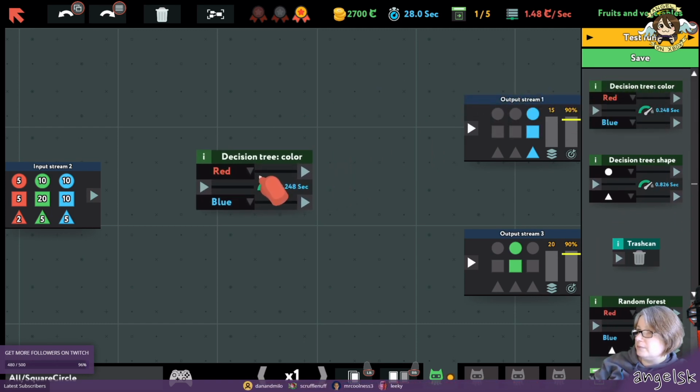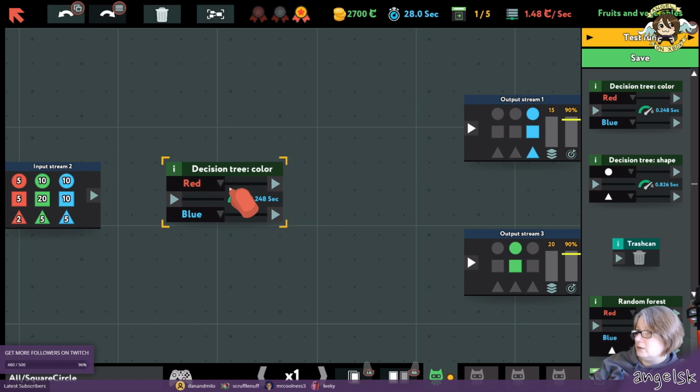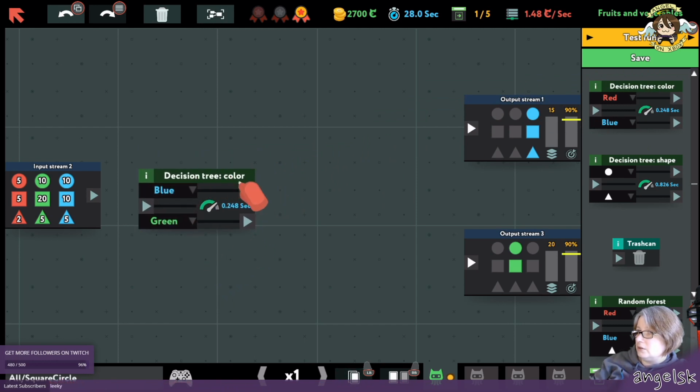So if we split, how can we have 5? Okay, so any blue, any green. We want a decent accuracy. Okay, so we probably want to add a trash can in here.